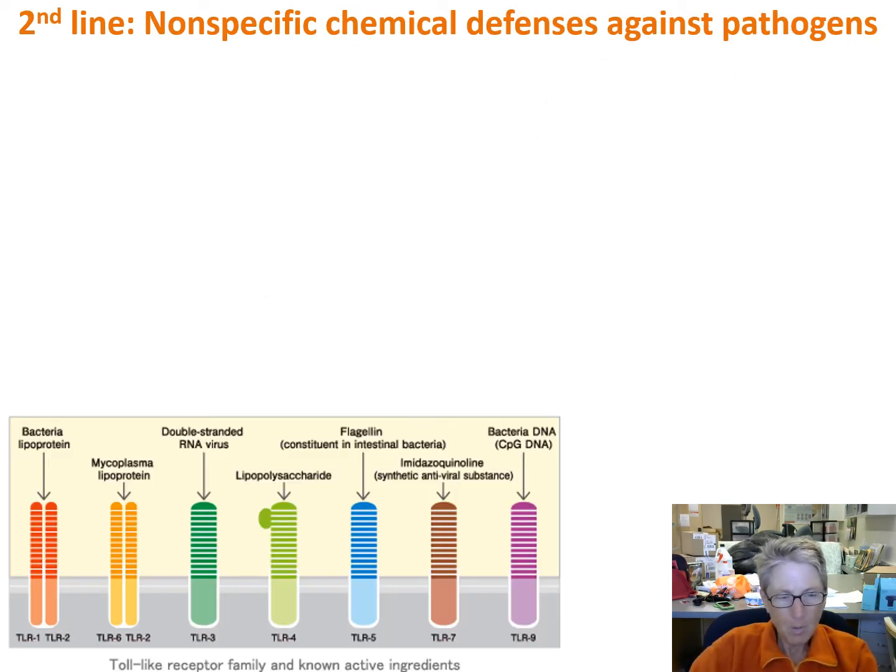Okay, here are my Toll-like receptors that I was talking about. So you see down here TLR1 and TLR2 up to TLR9, remember that stands for Toll-like receptors. And these different Toll-like receptors will recognize different pieces of bacteria. So for example, a bacterial lipoprotein will be recognized by TLR1 and TLR2.